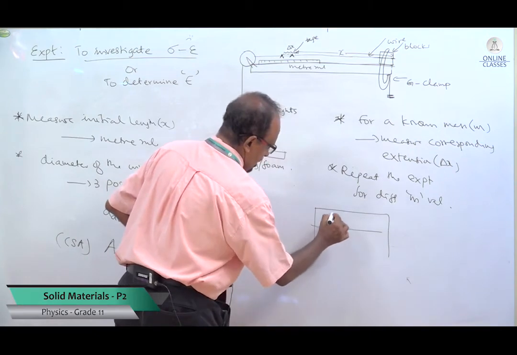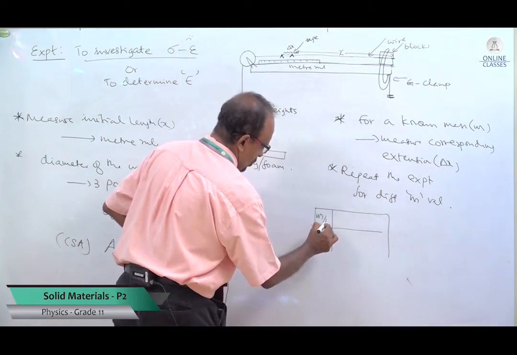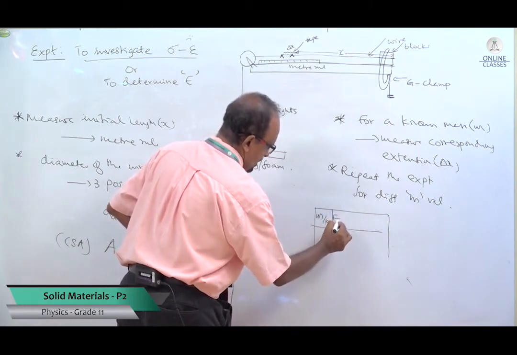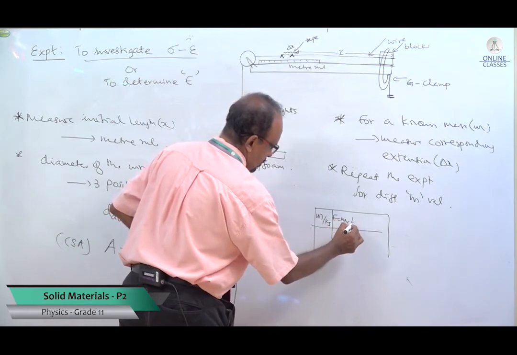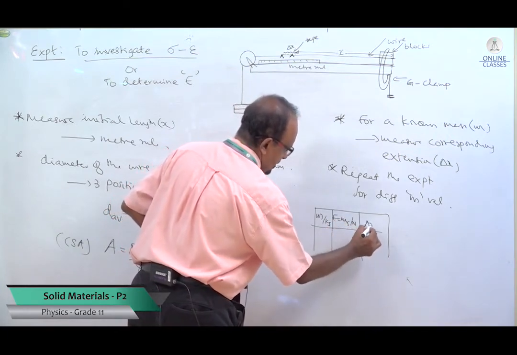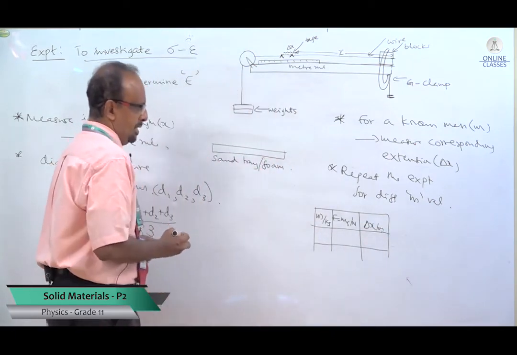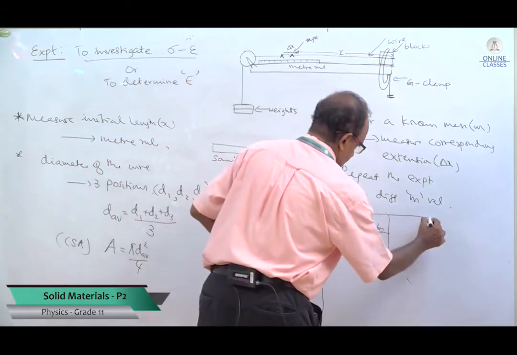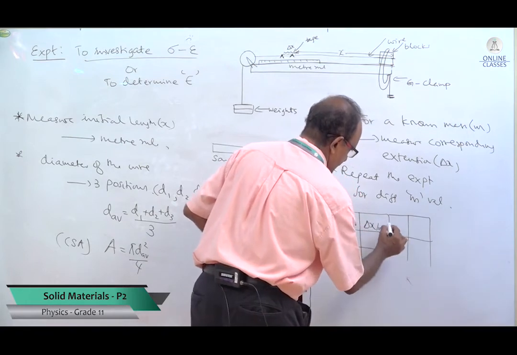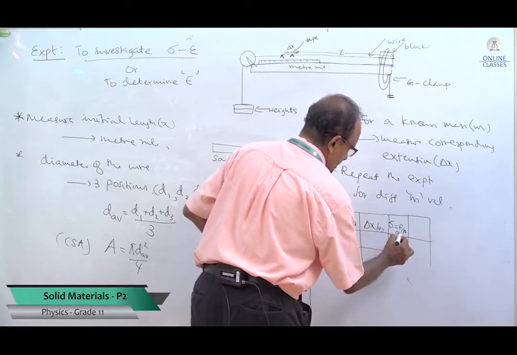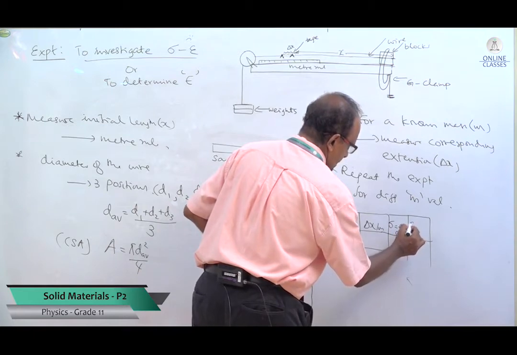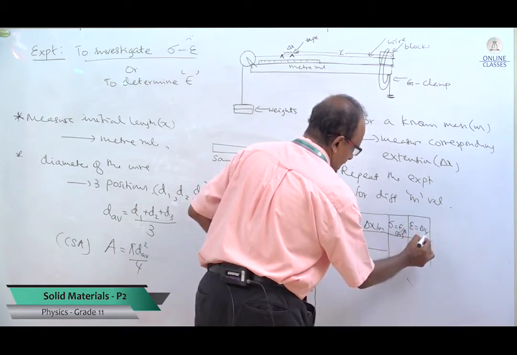So the table has m in kilograms, then force mg in Newtons, and then extension in meters. Then we can work out sigma, which is F over A in Pascals, and strain, which is delta x over x.